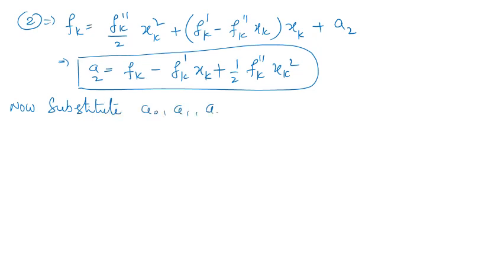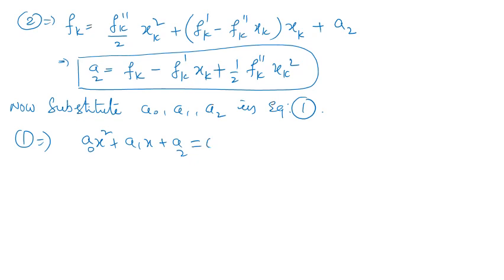Now what we have to do is substitute a0, a1, a2 in equation 1. Equation 1 is a0 x square plus a1 x plus a2 equal to 0.